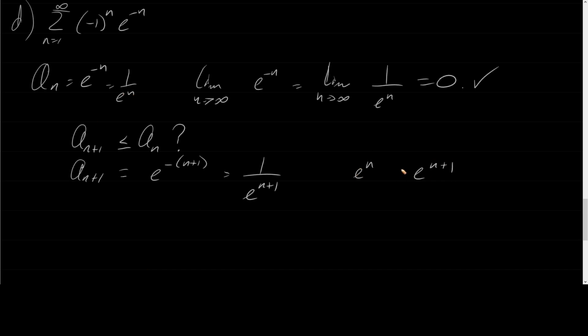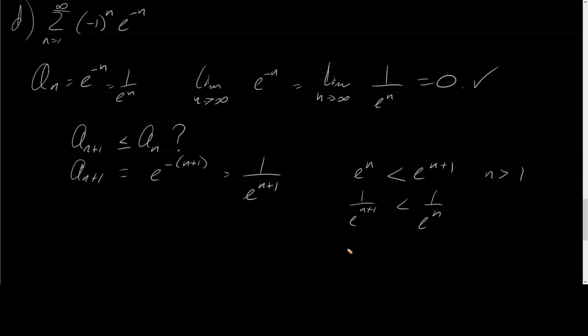Well, e^(n+1) is clearly the bigger one for n being greater than 1, because I'm raising it to a bigger power. E to the first is going to be smaller than e to the second. E to the fifth is going to be smaller than e to the sixth. So if I do a cross division here, I end up with 1/e^(n+1) being less than 1/e^n.